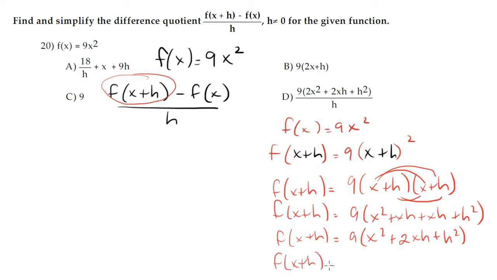Let's distribute: f of x plus h is 9x squared plus 18xh plus 9h squared. That's just me evaluating f of x plus h.